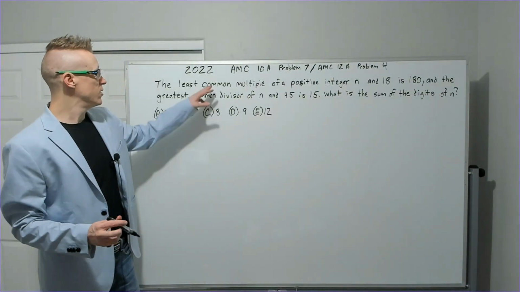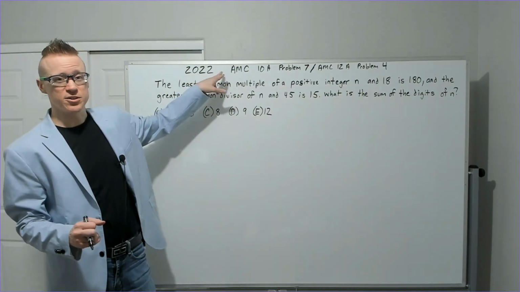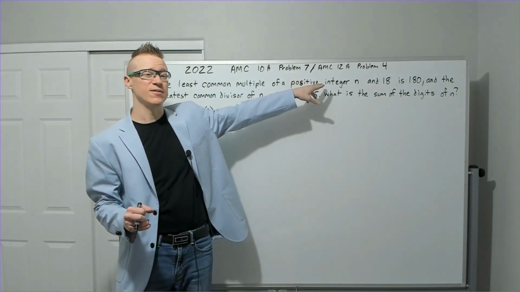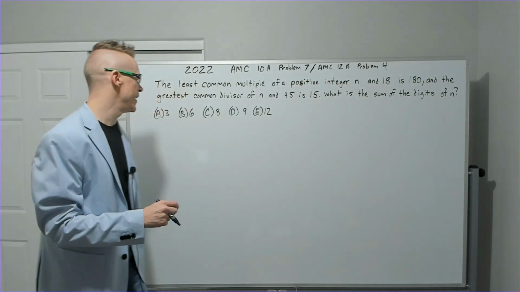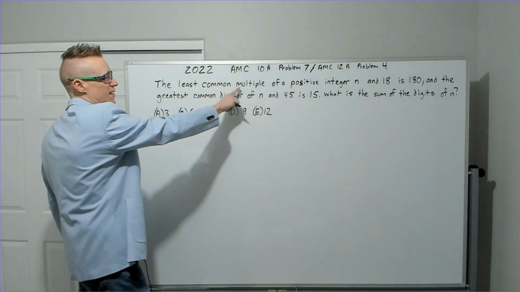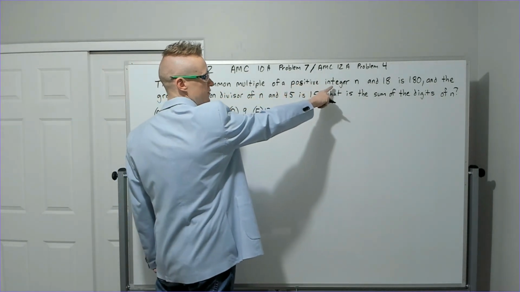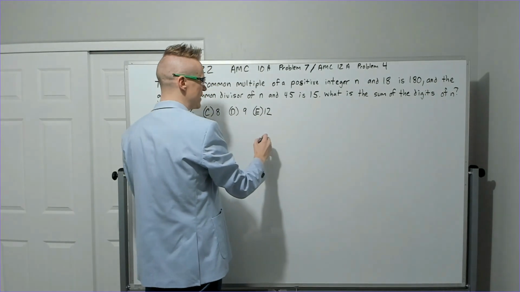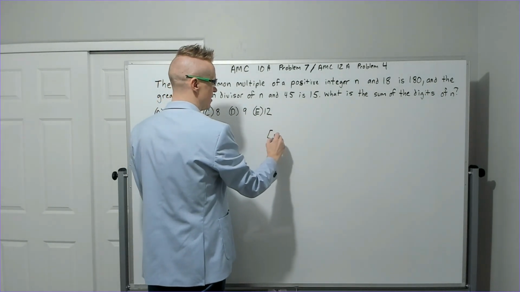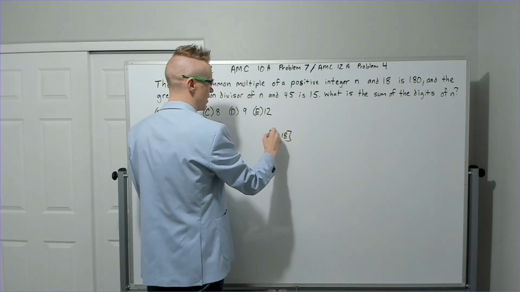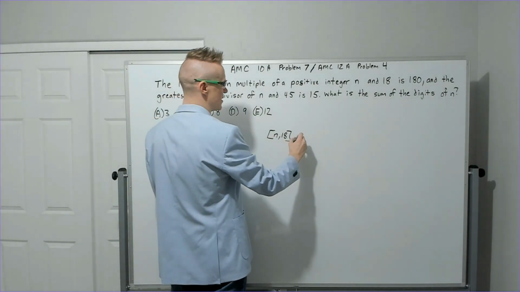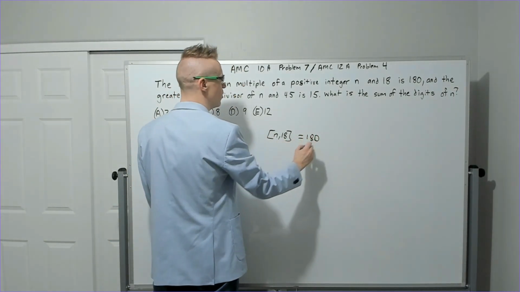Let's continue on. This is going to be the 2022 AMC 10A problem 7. It was also the 12A problem 4. The least common multiple of a positive integer n and 18 is 180. So a common shorthand notation is brackets for LCM. We want that to equal 180.